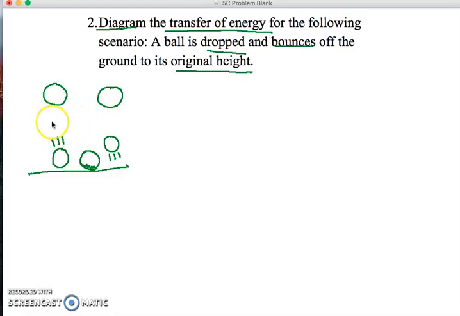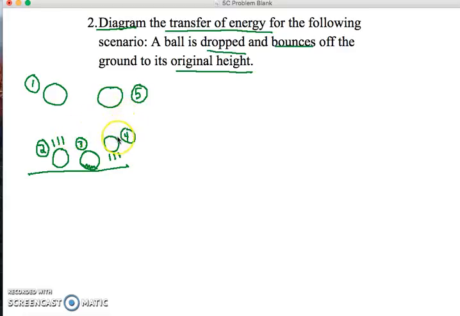I'll put numbers on this for clarity. You drop it, it starts moving, and it's almost ready to hit the ground, moving pretty fast. When it hits the ground, it's compressed a little bit, and then it bounces all the way up to its original height.